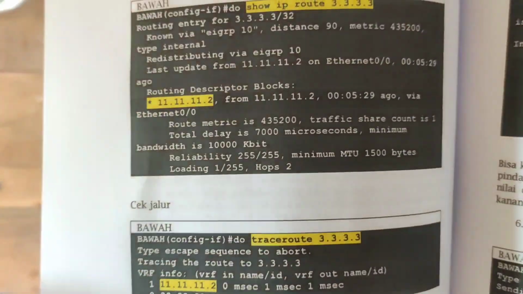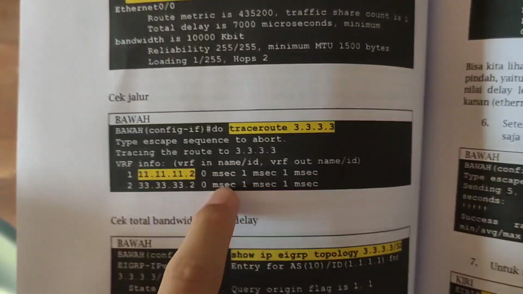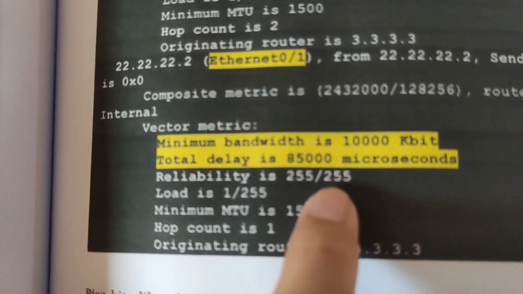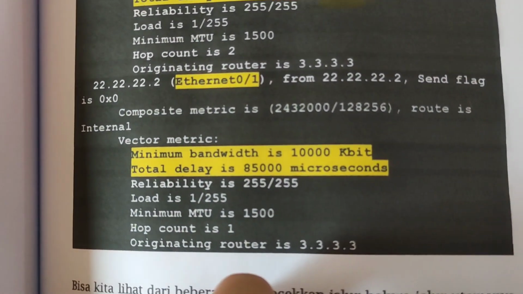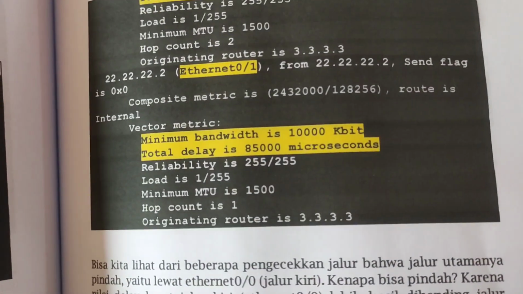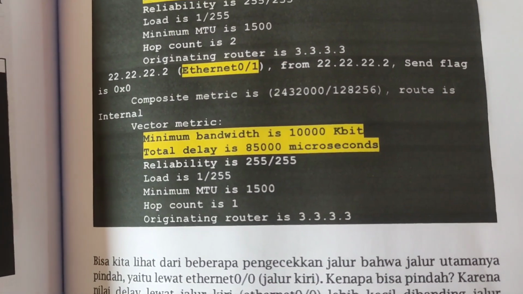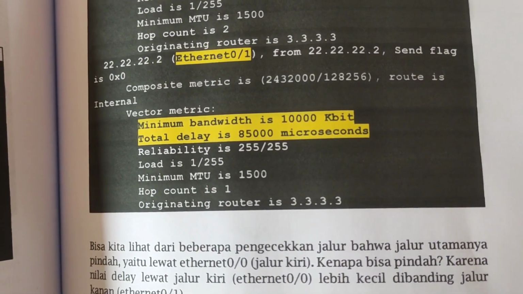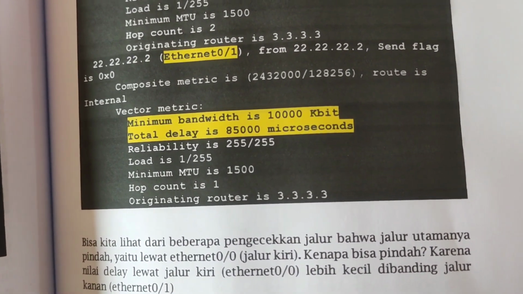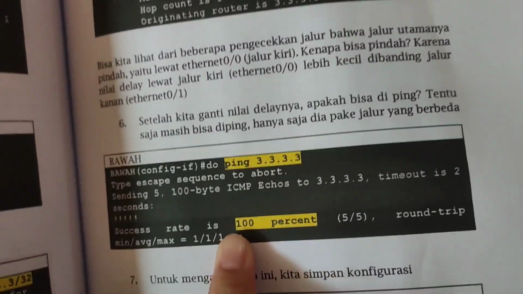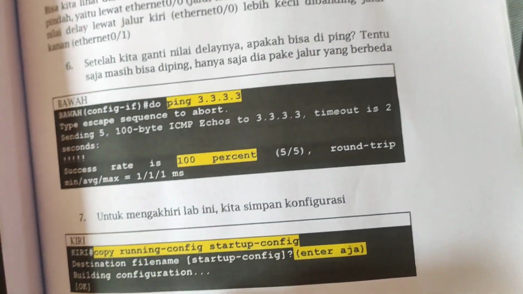You do show ip route 3.3.3.3. This checks the gateway, and here the minimum bandwidth is 10,000 kbit, and total delay is 85,000 microseconds. So here you can check ping after the delay.